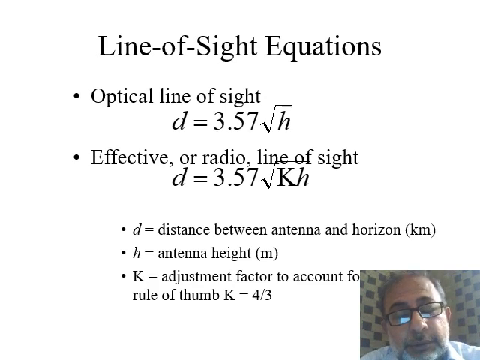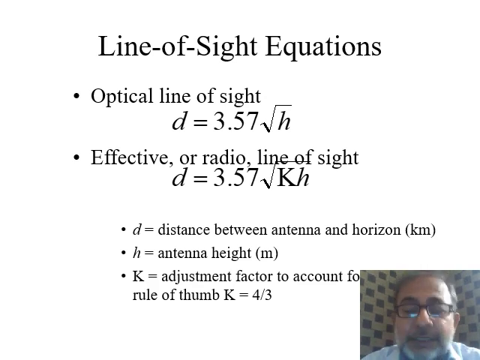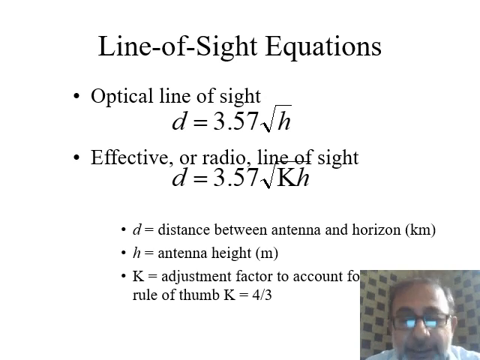Now, what is the line of sight? First of all, the formula that defines the line of sight basically depends upon the height of the antenna, while assuming that the curvature of the Earth's surface remains the same and the contour is smooth.